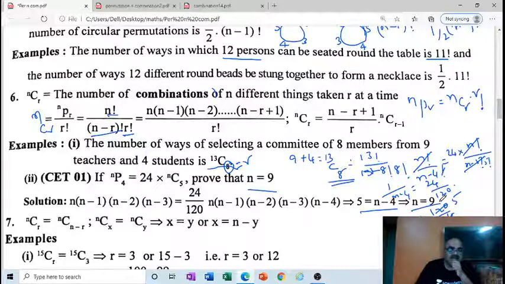Let me proceed. nCr now equals nC(n minus r). Formula. Already you have 6 formulas with you. The 7th one is getting added. nCr equals nC(n minus r). Now, just look at it.